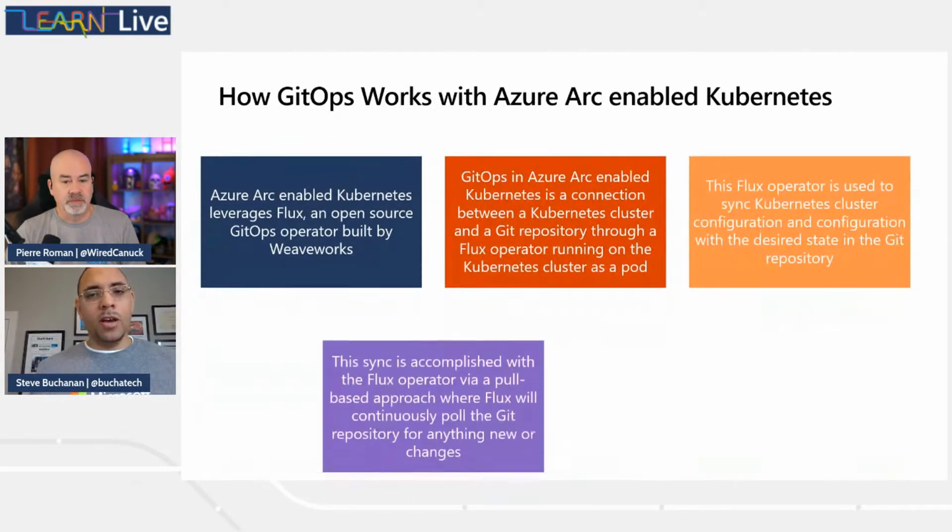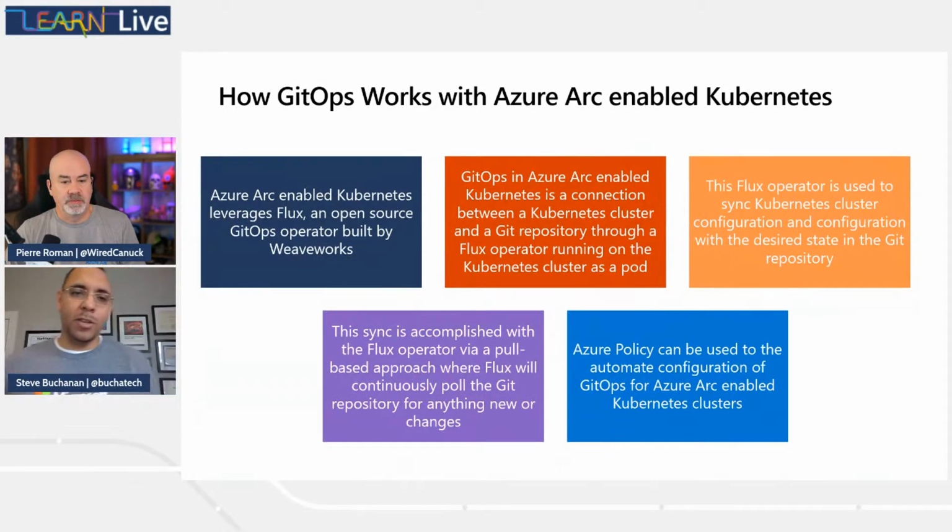And let's just build this out. I don't think we have much time to really go through this, but Azure Arc K8s leverages Flux as its GitOps operator. It was built by Weaveworks.